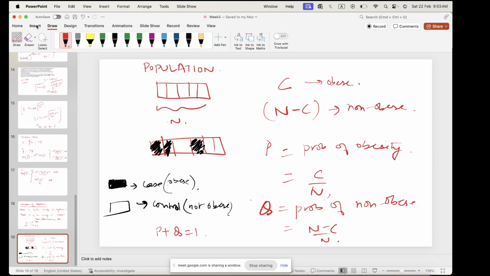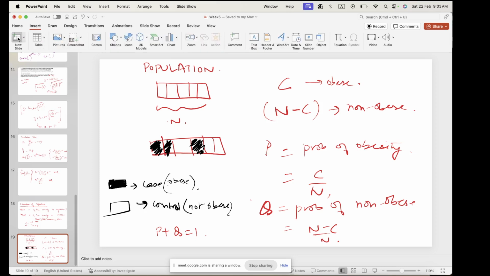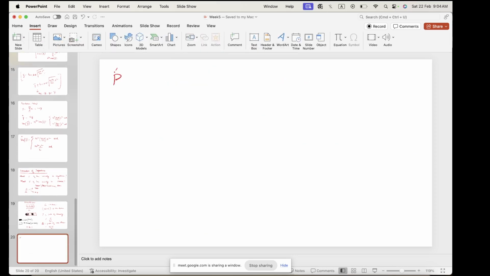So here this capital P hat is actually estimated by small p, which is the number of cases small c by small n.